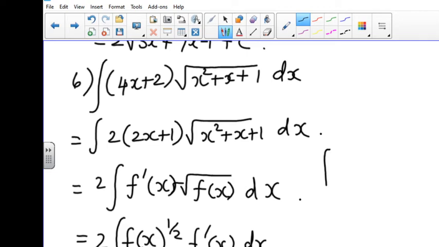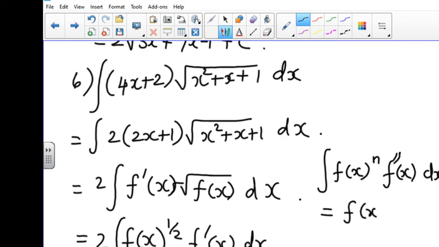We know the formula: integral of (f of x) whole power n into f dash of x dx is equal to (f of x) whole power n plus 1 divided by n plus 1. Here we are having f of x whole power 1 by 2, that is (x square plus x plus 1) to the power 1 by 2.